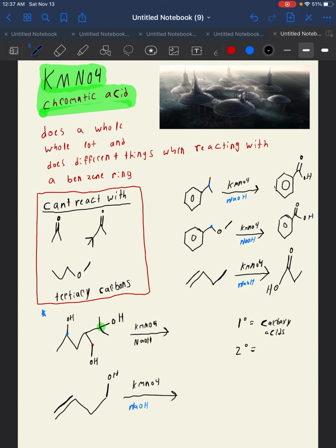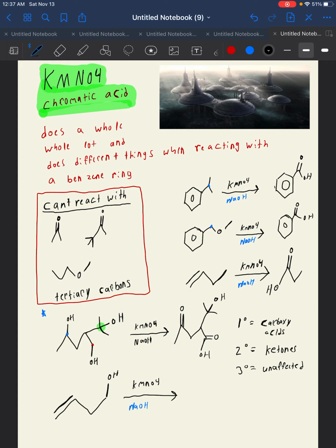Secondary carbons will go to ketones, and our tertiary carbons are unaffected. So for this molecule right here, we have a ketone that forms. We'll have a carboxylic acid that forms there, and then at this tertiary carbon, nothing will happen.